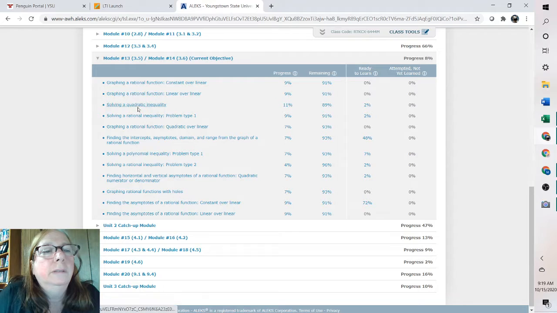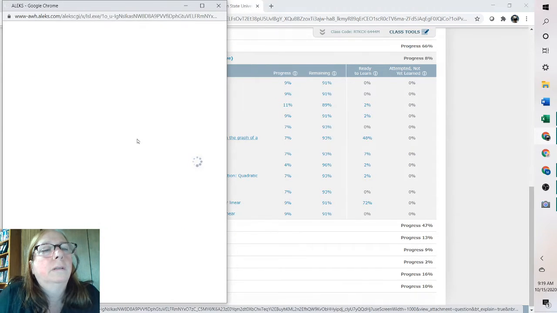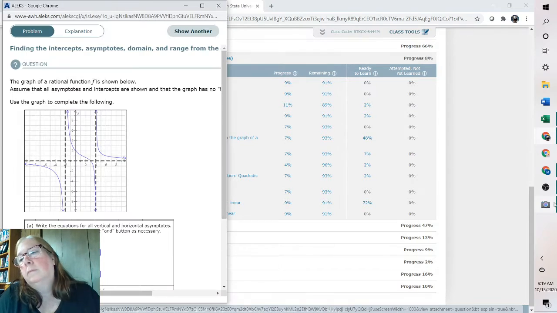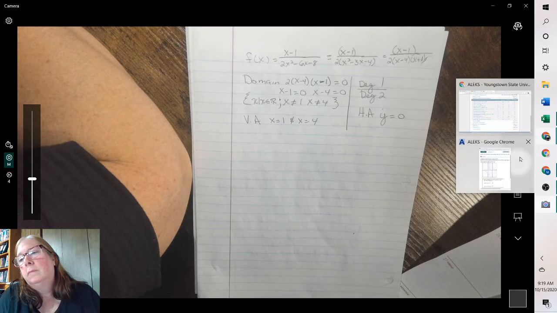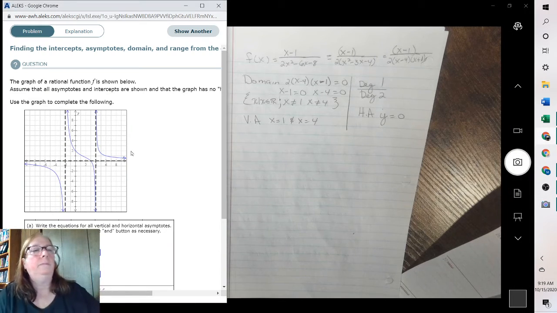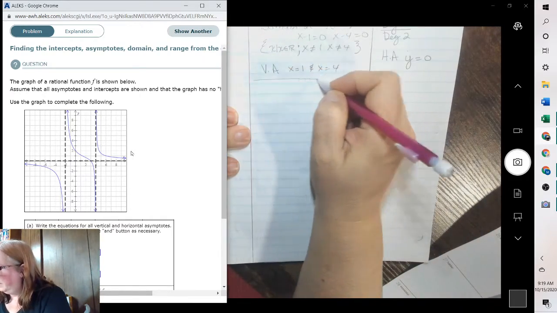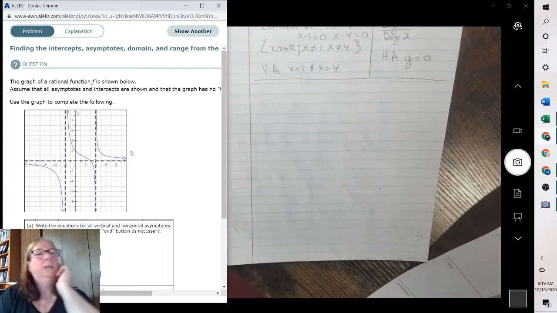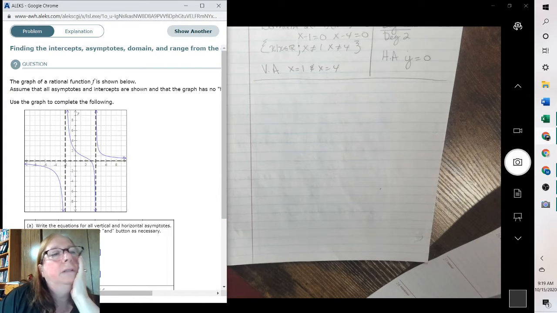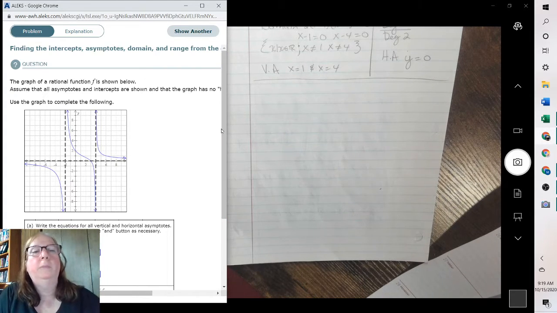This one, you're looking at the graphs and finding information.